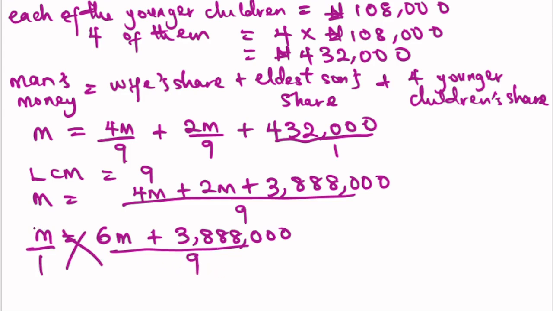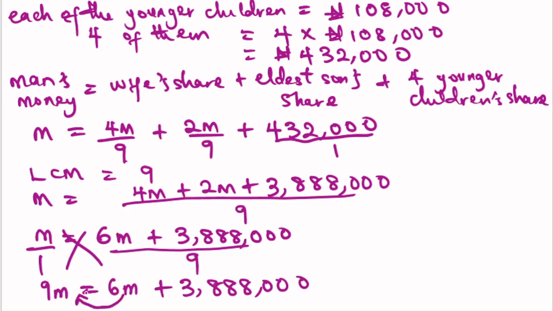So 9 times m gives us 9m equal to 6m plus 3,888,000. So we're going to collect like terms, taking 6m to the left hand side. So we'll have 9m. When 6m crosses the equation sign, we'll have minus 6m equal to 3,888,000.